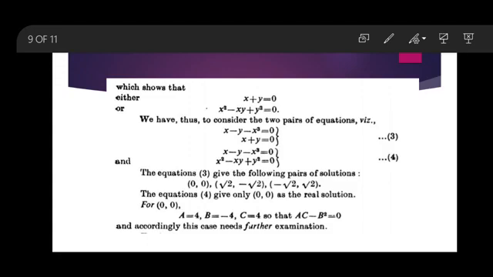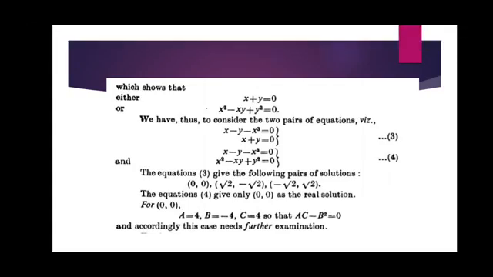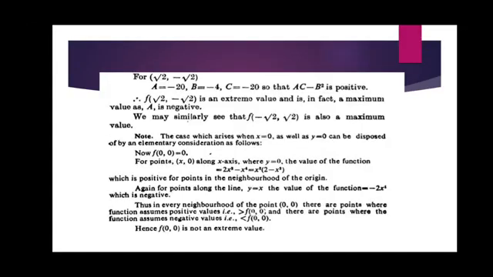So according to the third case, in the previous class we said that if ac minus b square is equal to 0, then this case needs further examination. We want some consideration. So here we can't say anything.